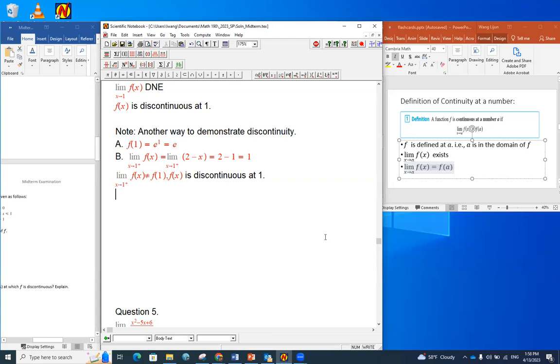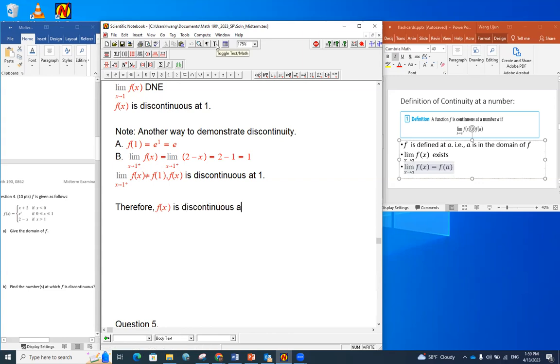So by this time, we have answered question B. In summary, f of x is discontinuous at a equals 0 and a equals 1. Well, you can just say 0, 1.